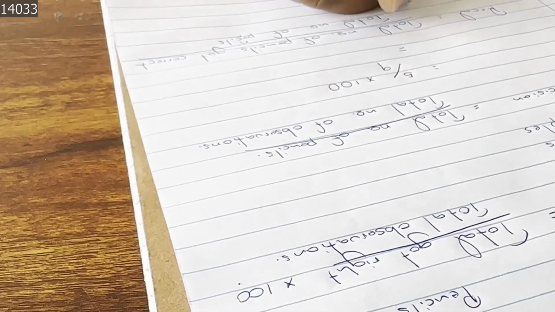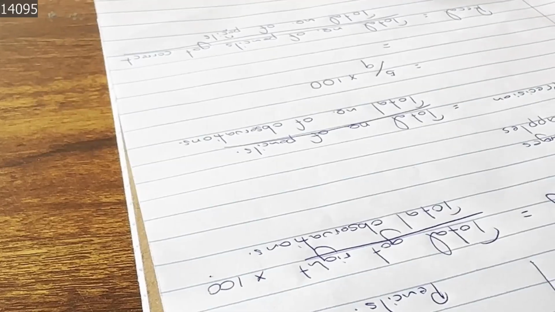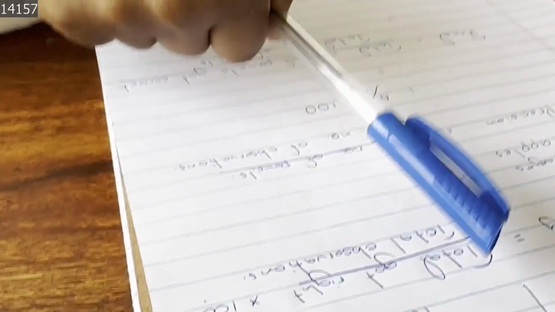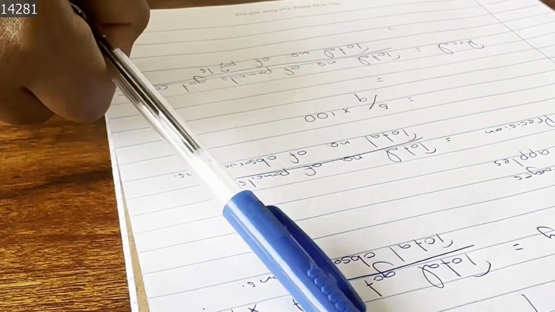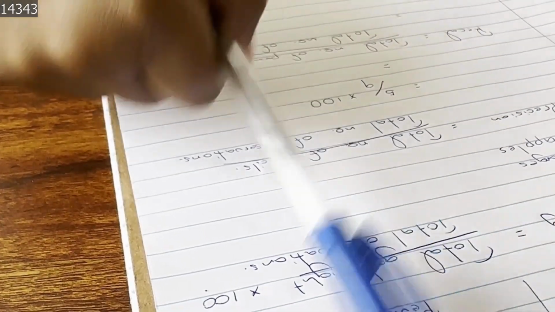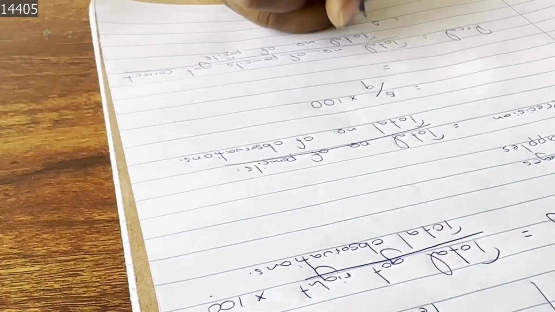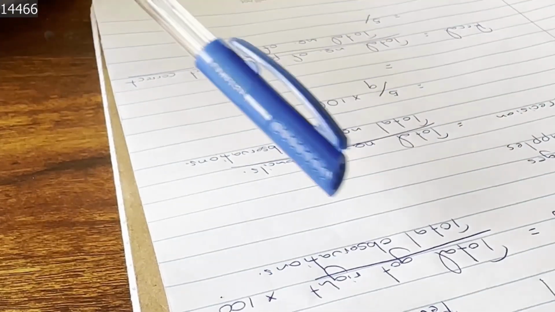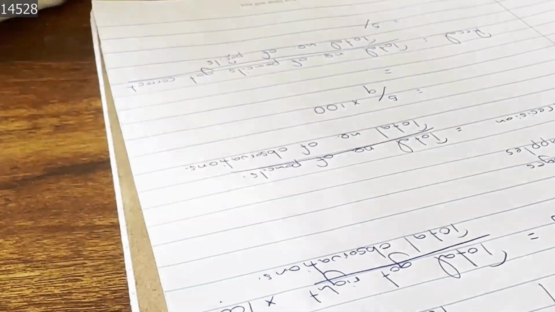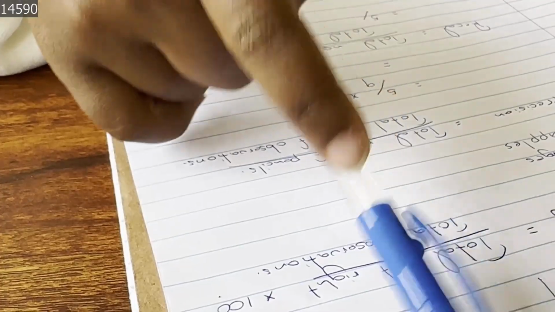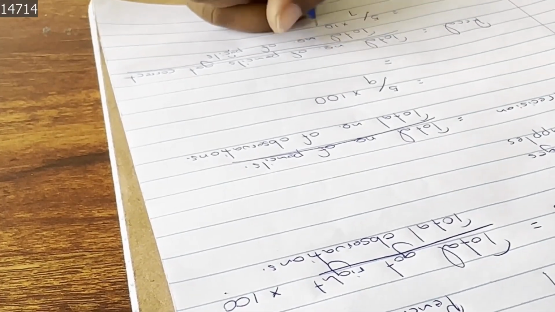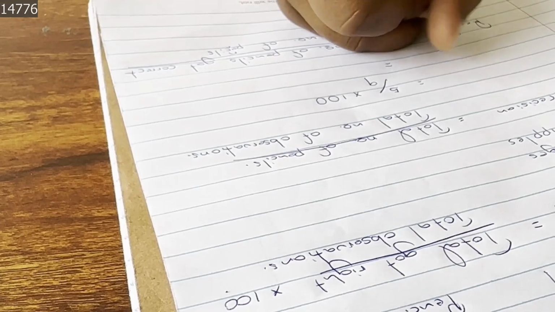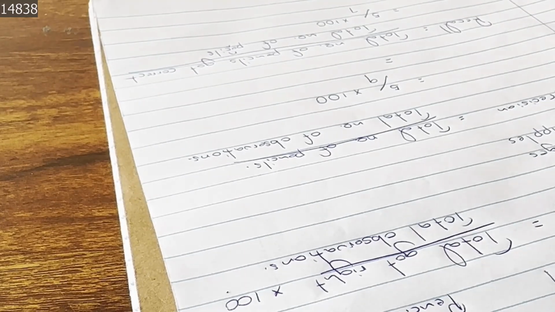So how many pencils did we get right? How many pencils did our model classify as pencils that were actually pencils? 1, 2, 3, 4, 5. How many pencils are actually there? 1, 2, 3, 4, 5, 6, 7. That is how we get our recall.